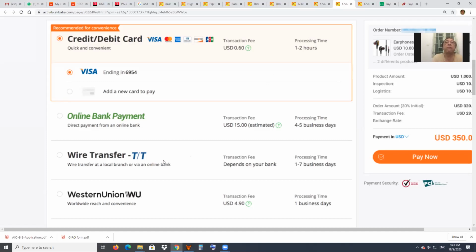And for wire transfer, there's another problem here: there are different charges in wire transfer, like who pays? There's this transfer charge, either you pay, the supplier pays, or we divide. I pay my part, the supplier pays his part.